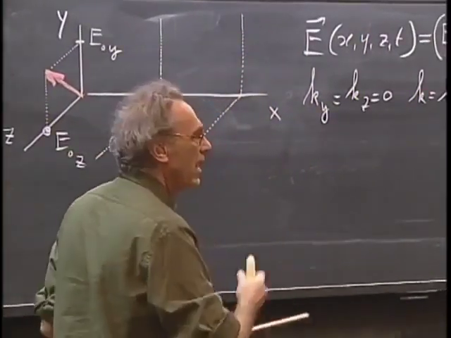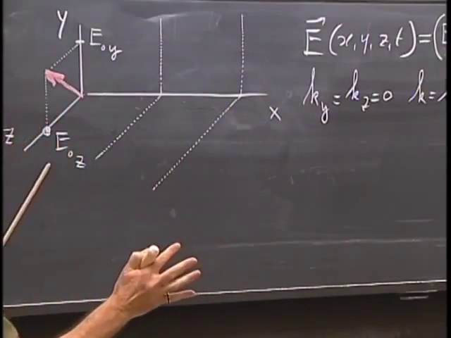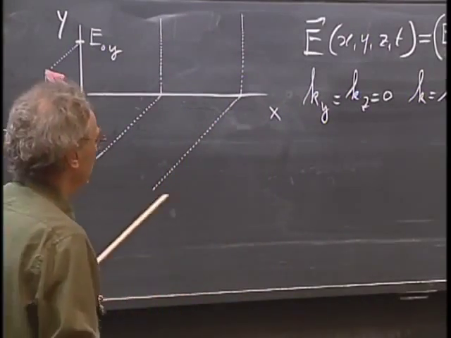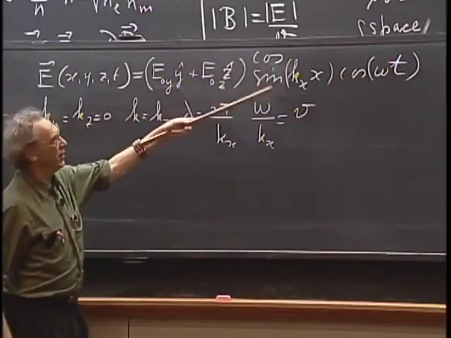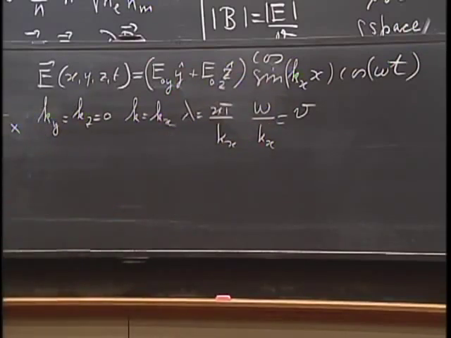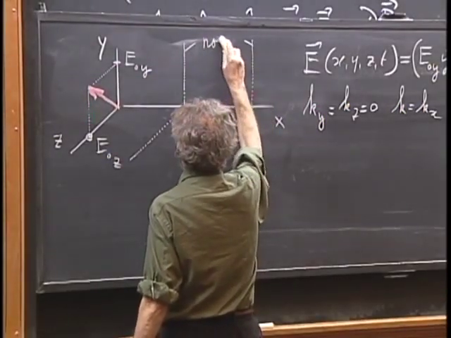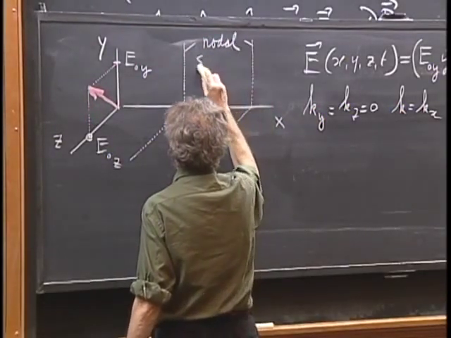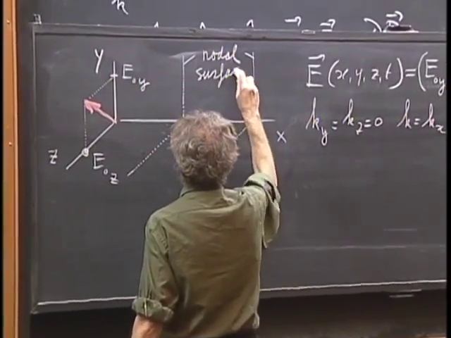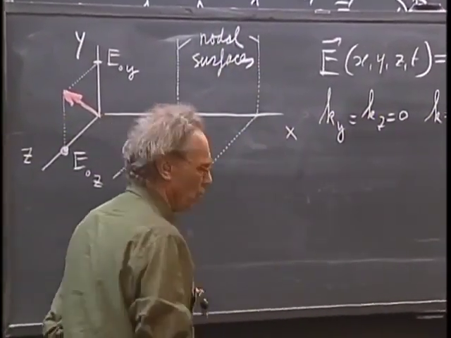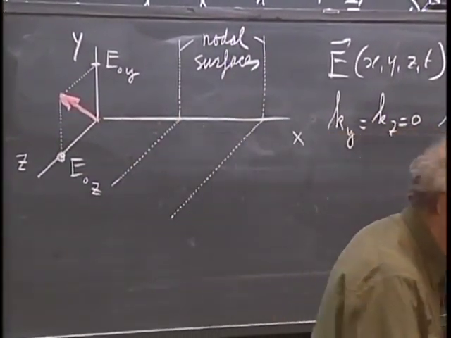The E field in that whole plane at all moments in time will be 0. That's the case when this sine, or whatever the cosine you have chosen, happens to be 0. And so these are nodal surfaces. And of course, the antinodal surfaces fall right in between.